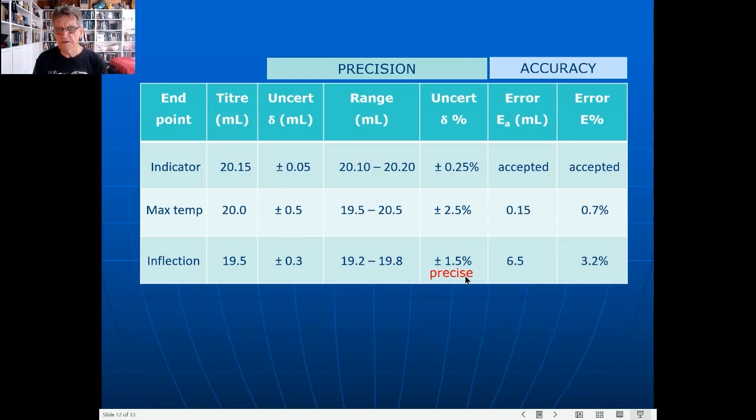So we're saying this is more precise, and this one here is imprecise, or not as precise. In terms of error, you can see this one has the bigger error, so that's not as accurate as this one. So this one is the accurate one, and this one here is inaccurate.